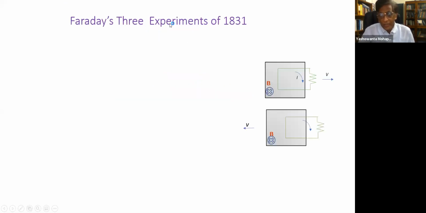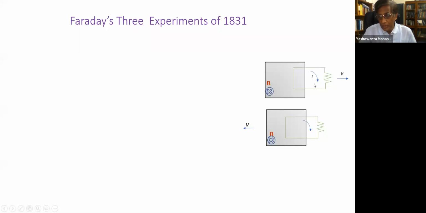So Faraday's three experiments of 1831 went down as classic experiments to establish this part of the physics. First, of course, there is a constant magnetic field, let's say going in, and there is a circuit, and then you move the circuit with velocity v, and then you will get a current that you have already done.